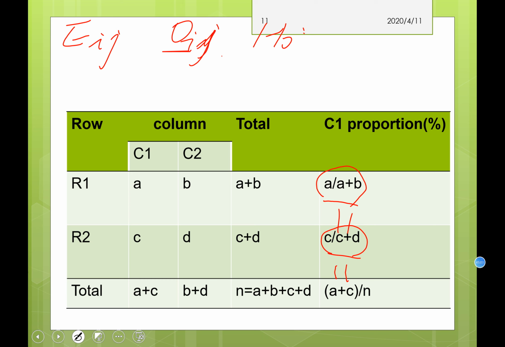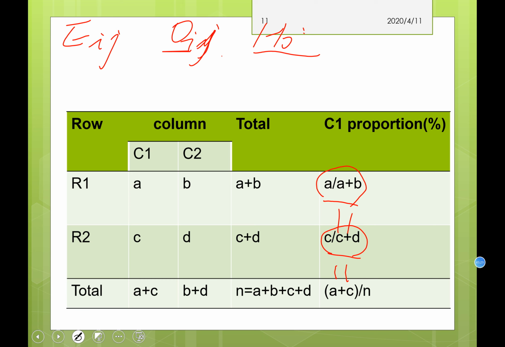So these three numbers are the same. But do not forget that this is based on H0 being true. So that means if these three numbers are not the same, H0 must be wrong, must be false.